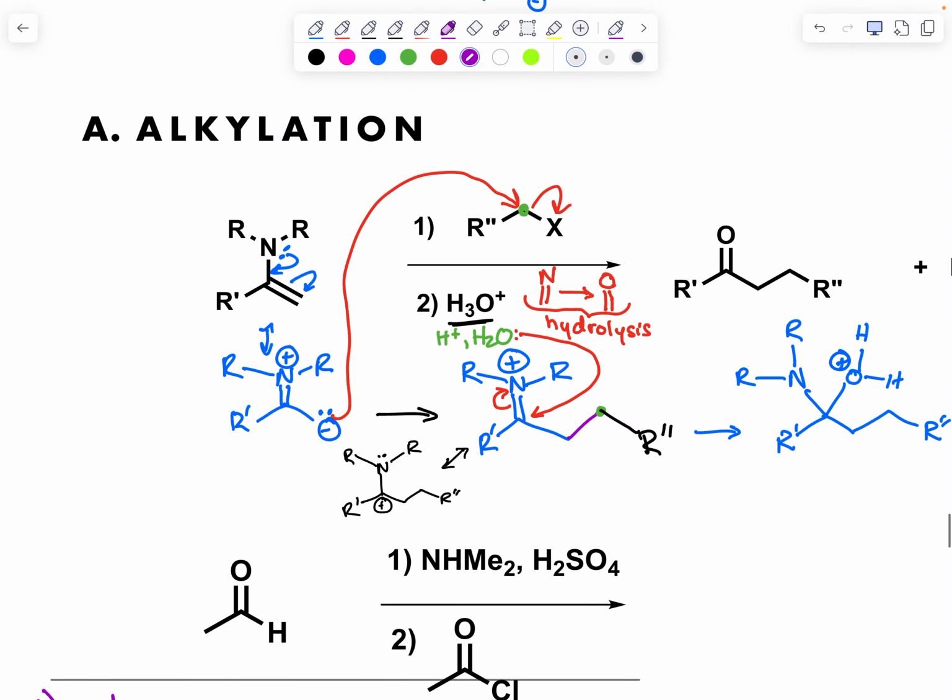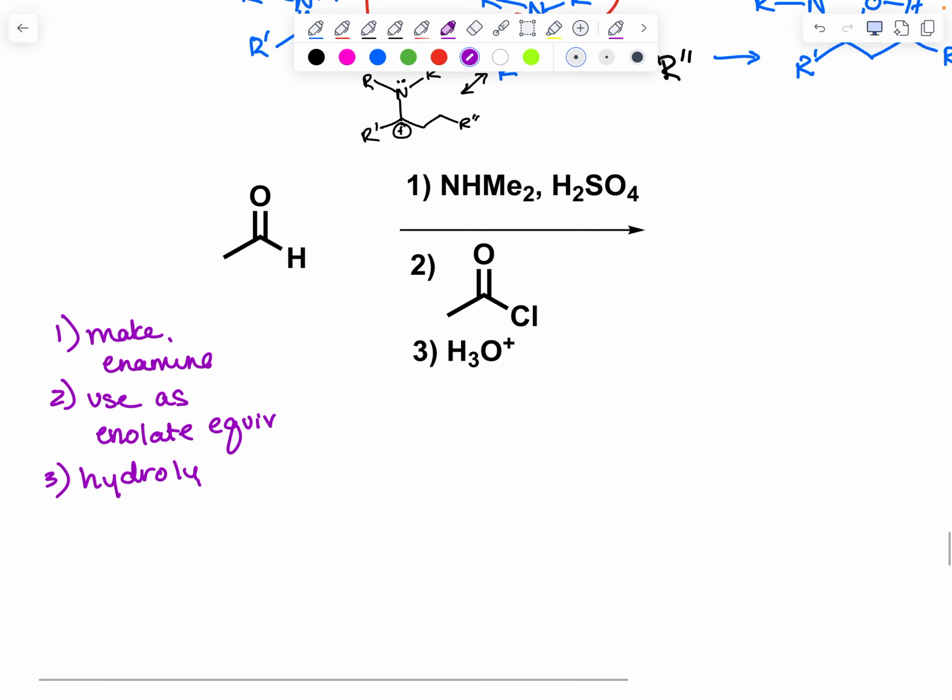So after step 2, it's like a little poem. Step 2 is going to substitute the nucleophile, which is this whole thing, that's my nucleophile, in place of the leaving group.